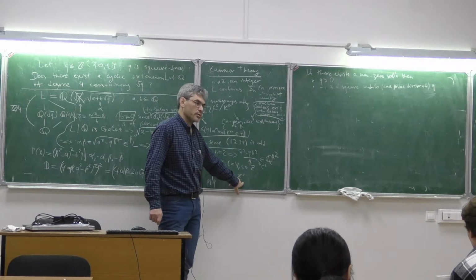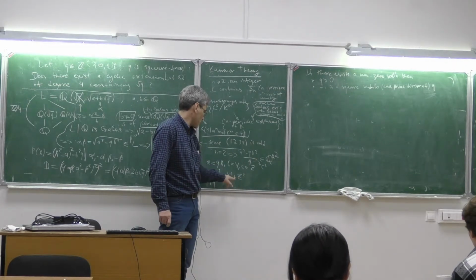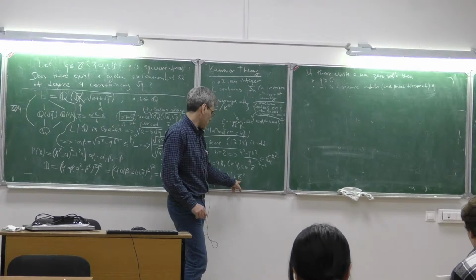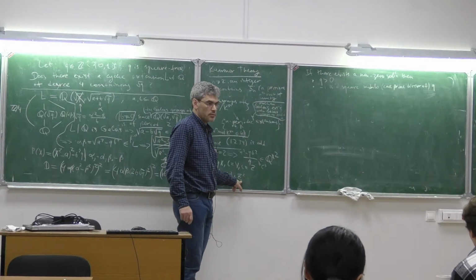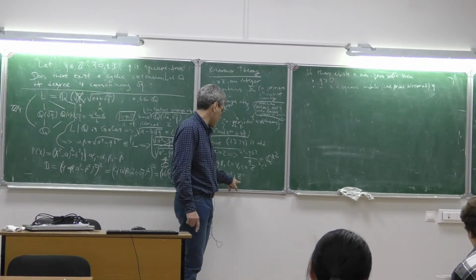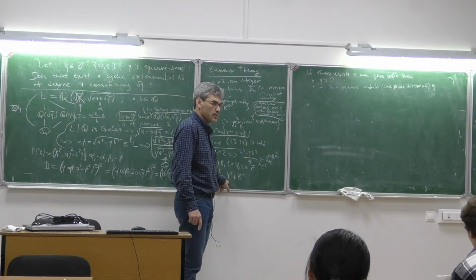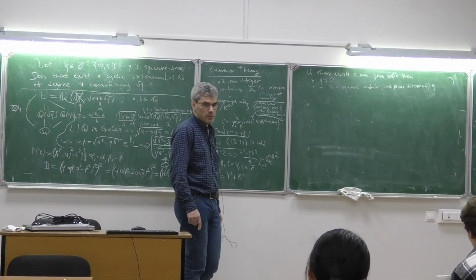So this is y square plus z square is 0, and you can divide. You divide by z square, you get (y over z) squared is equal to minus 1.